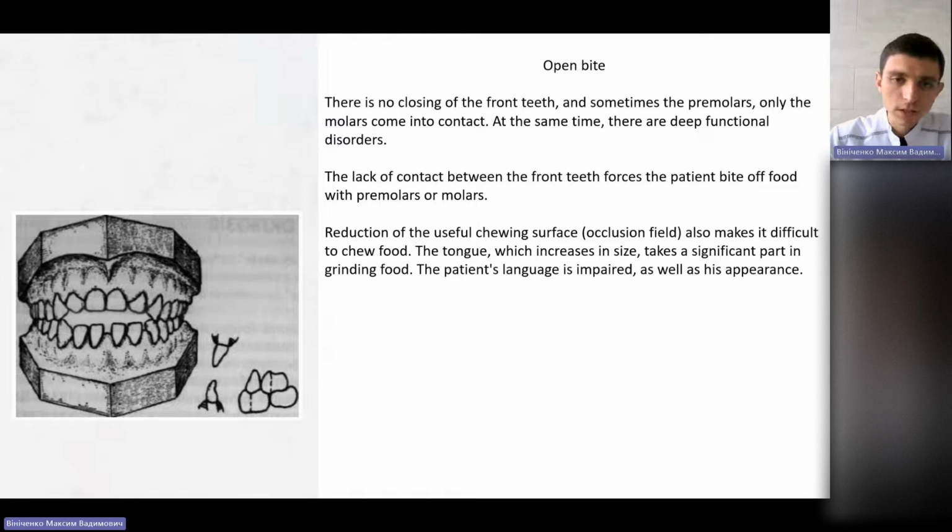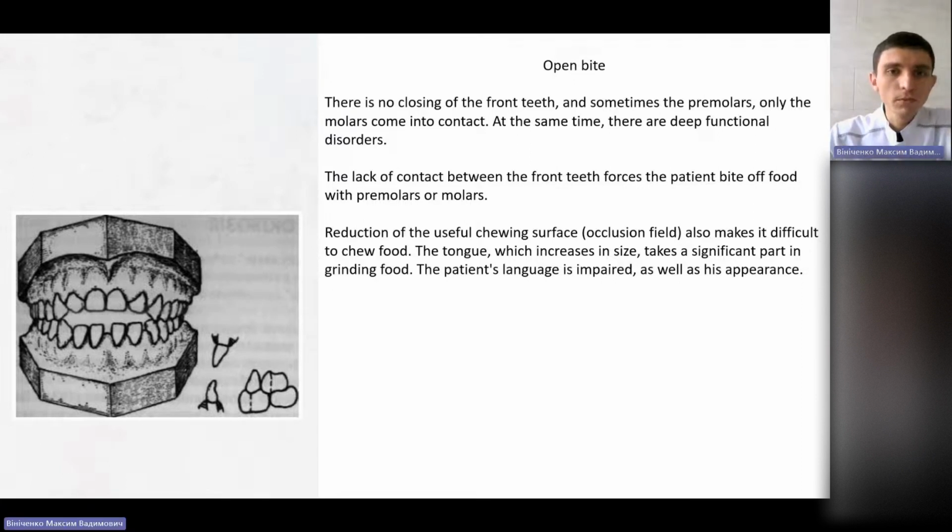This is called the second type of the open bite. It is easier to work with the second type because the first type often requires extracting the first or second premolars to close this bite.